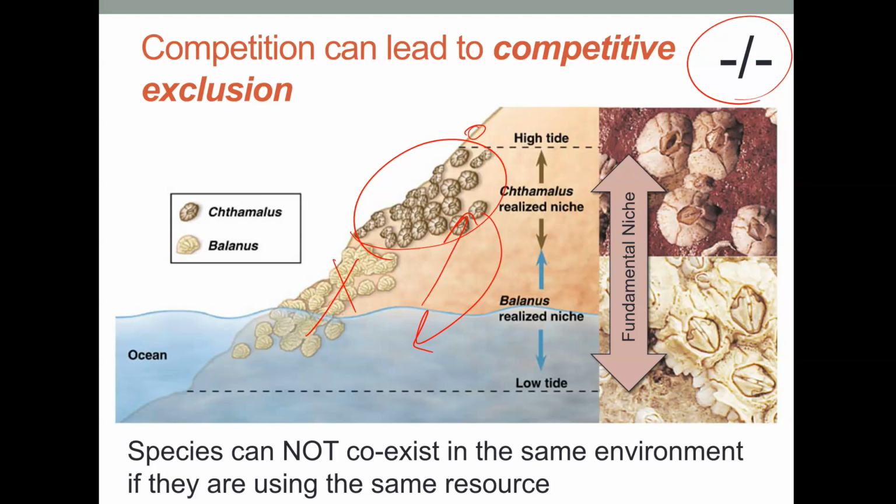They have higher tolerance for salinity and so on, because they can't compete with the Balanus species for location on the rock. So this is competitive exclusion. One species, in this case the Balanus species, is outcompeting the Cathylamus species and pushing them up higher on that rock. And so they're finding their own realized niche in this case.